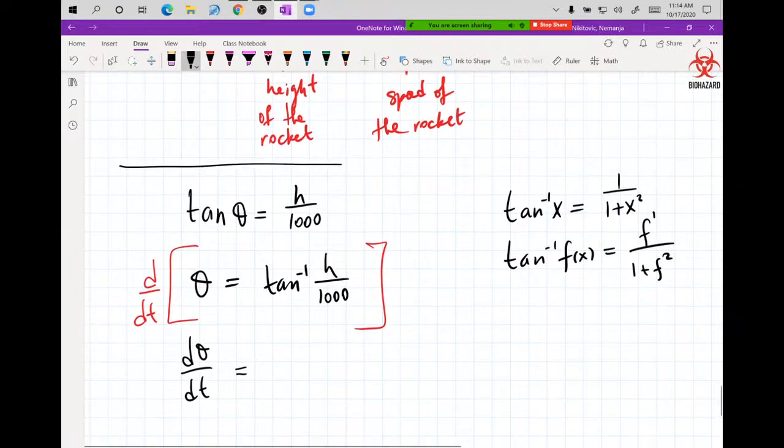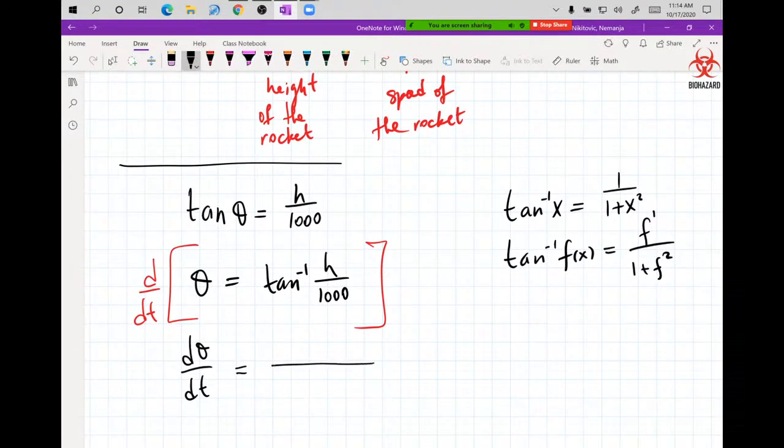So the denominator is 1 plus (h over 1,000) squared, and the numerator is just the derivative of this, which is dh/dt over 1,000. Well, actually, let's write it better: 1 over 1,000 dh/dt.